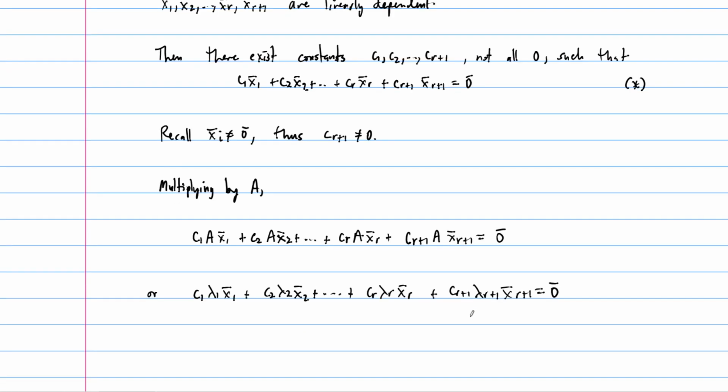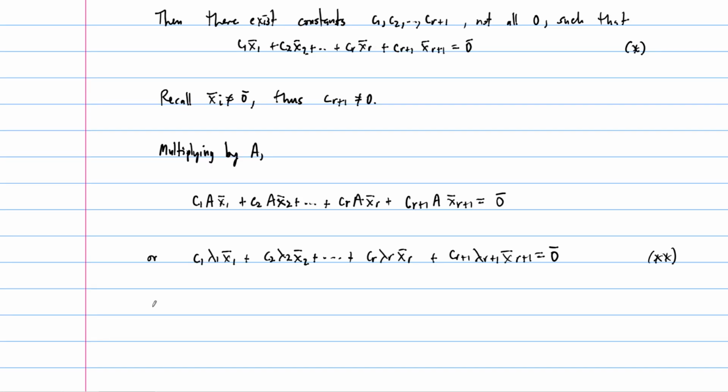I'll call this equation 2 star. Now we want to go back up, multiplying equation 1 star by this eigenvalue lambda (r+1), and then subtracting.